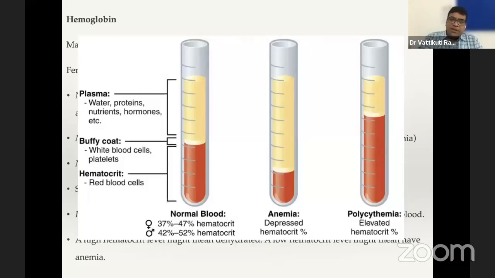Usually red blood cells will be the lowermost portion of the tube, and this constitutes the hematocrit. Whenever there is anemia, the RBC count is low, so the hematocrit is falling. On the other side, you can have high hematocrit, especially if they're dehydrated, because of the lower water content compared to the cellular content.